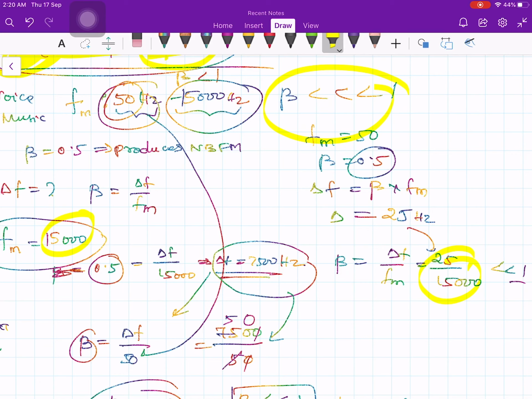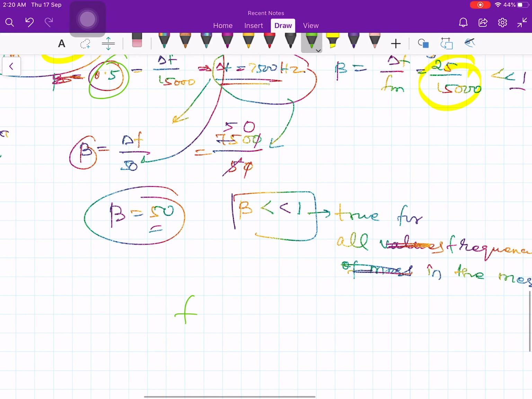As far as higher frequencies in the modulating signal are concerned, the approximation will be quite good, because we took the approximation based on the fact that beta is much less than 1 or less than 2 pi. For the highest frequency this is very small compared to 1 or 2 pi. But for the lowest frequency it is only 0.5. Therefore the approximation is not good for the lowest frequency, and it is quite good for the highest frequency.